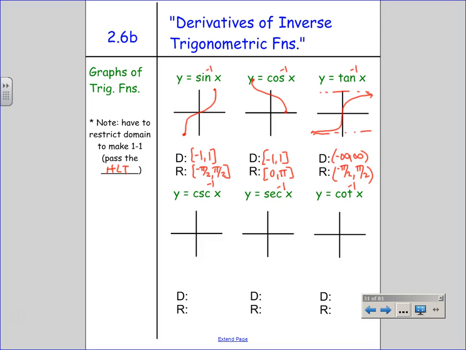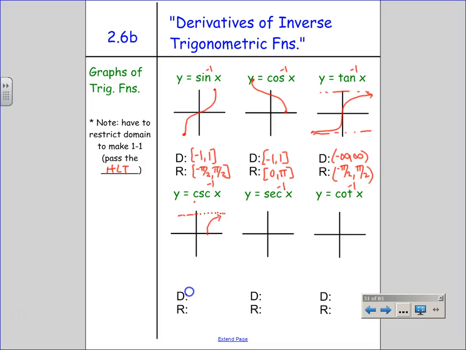Cosecant, ugh, that's gross. He's the guy that bounces off of sine. And when he bounces off of sine, we actually end up taking his two branches and reflecting them. He would end up looking like, okay, this is nasty, like this.